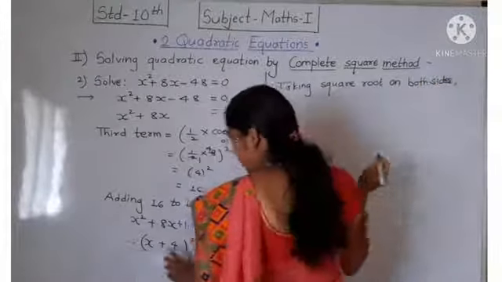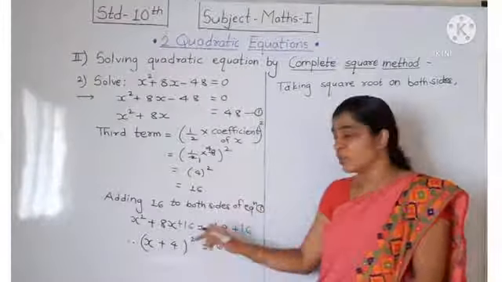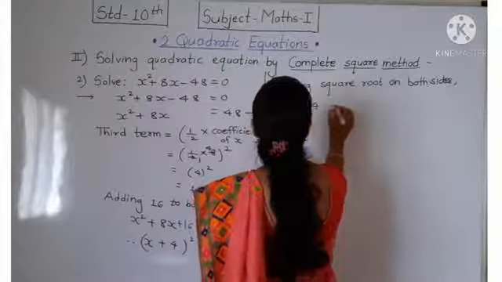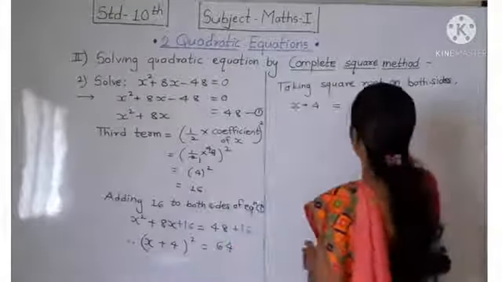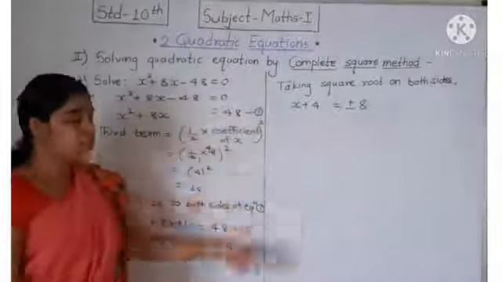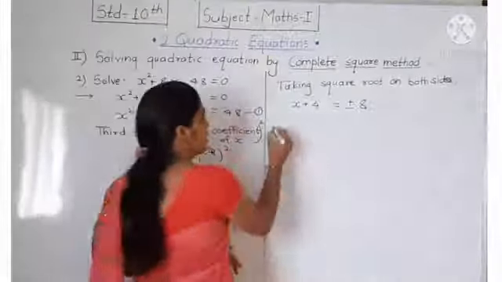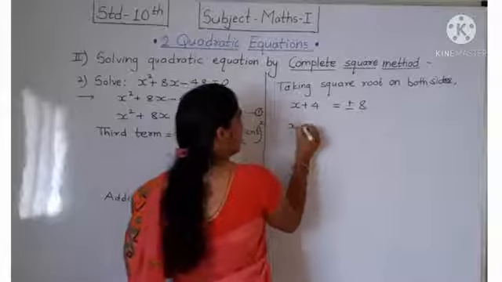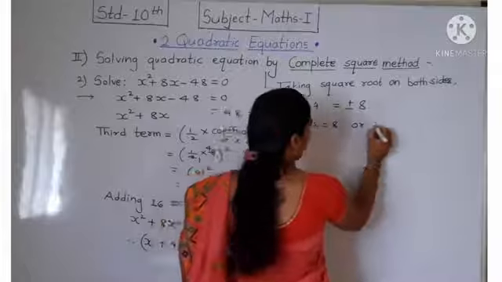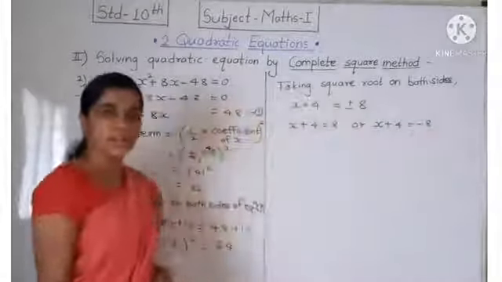You get, what is the square here? x plus 4, bracket square root, is x plus 4, is equal to square root of 64, which is 8, and here plus or minus sign, because plus 8 square is also 64 and minus 8 square is also 64. Take first plus 8: x plus 4 is equal to 8, or x plus 4 is equal to minus 8.